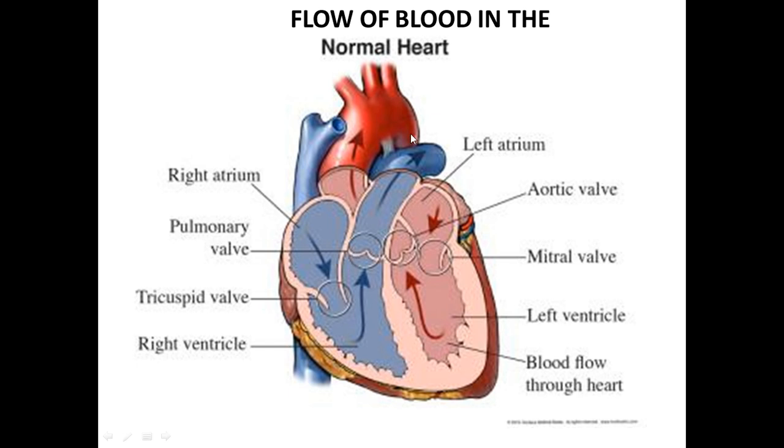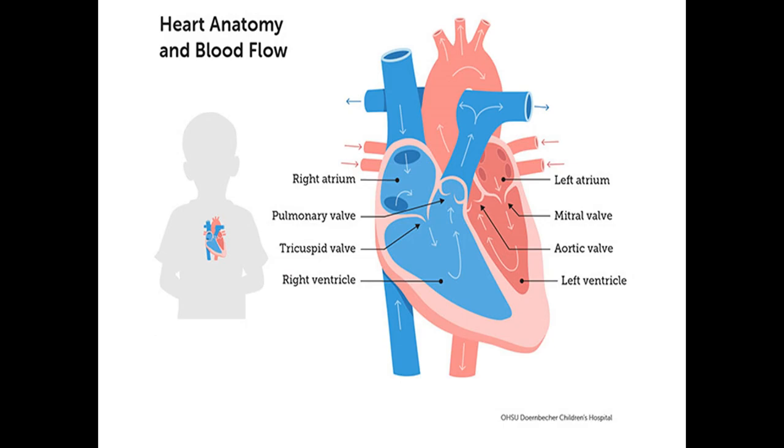Now when blood leaves the lungs, it contains oxygen, that is oxygenated blood. This blood enters the left atrium through the pulmonary veins, which receive blood from the lungs into the heart.